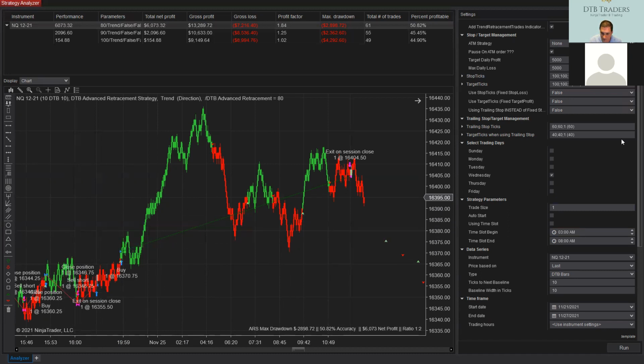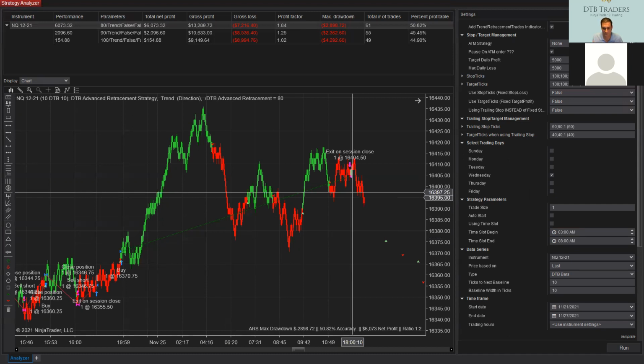But if you're not using a specific time slot that you want to trade between, the trade that opened on the Wednesday will actually only close at the session close. So bear that in mind when you're doing your optimizations.